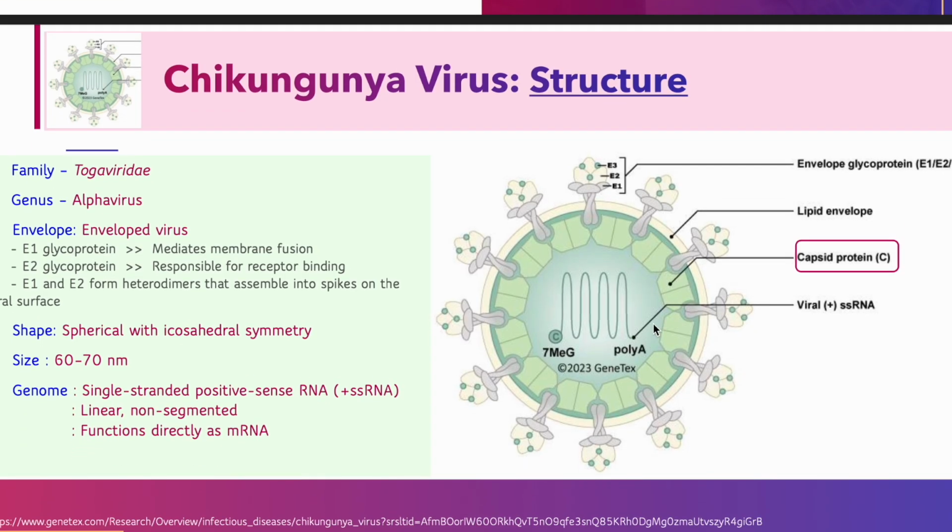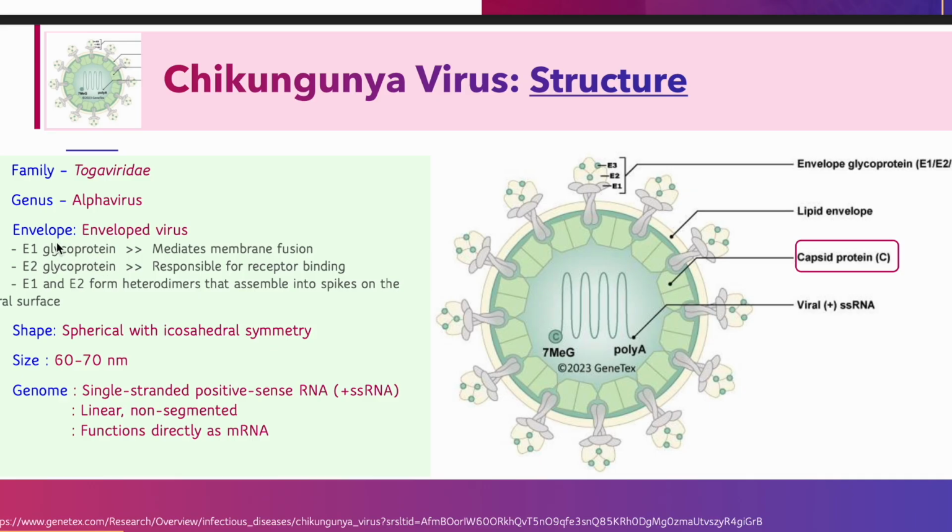Okay, for the structure, the family name is Togaviridae, genus Alphavirus. It has an envelope as well. In the envelope, there are the glycoproteins E1 and E2.